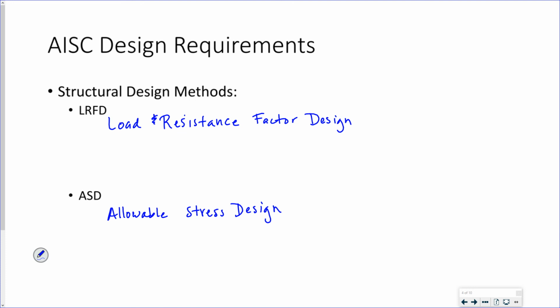Many things switch to LRFD, some things still use ASD. If you're working on something older, likely ASD. We will stick to LRFD, but when you see ASD in the manual, you're going to have to ignore it. That's what it stands for.